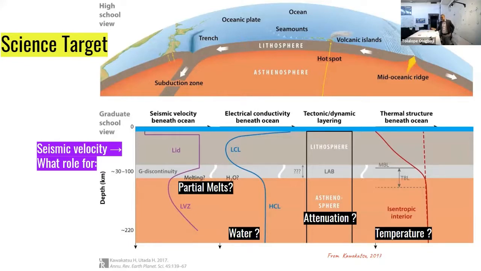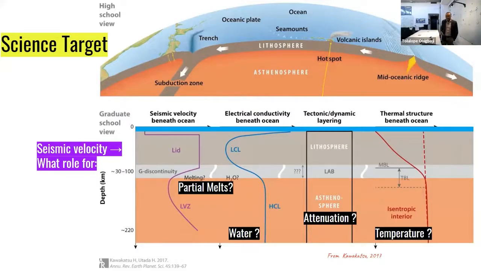The question is, knowing what we know about how temperature leads to the strength of rocks, is there any other role for things like partial melt, water, or mechanisms like attenuation?